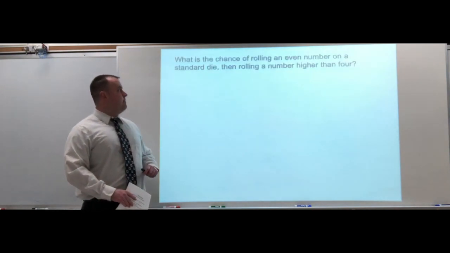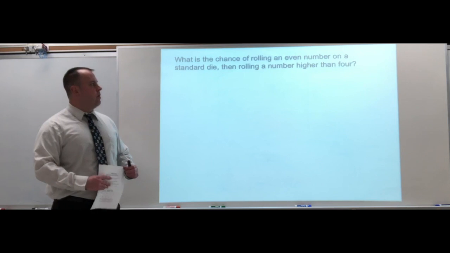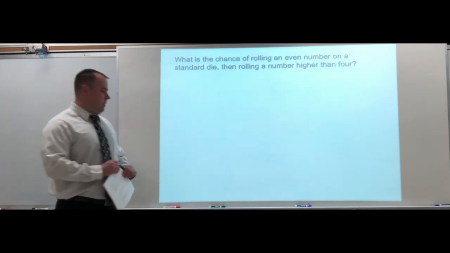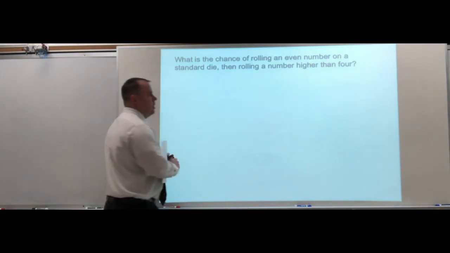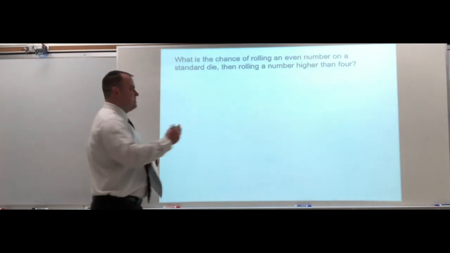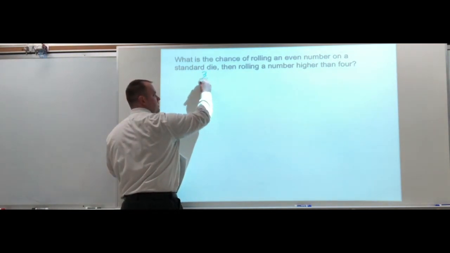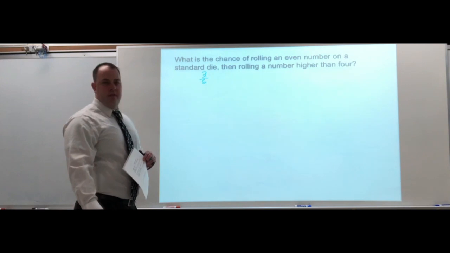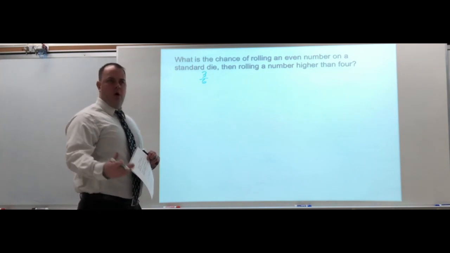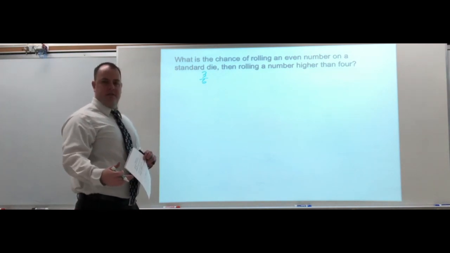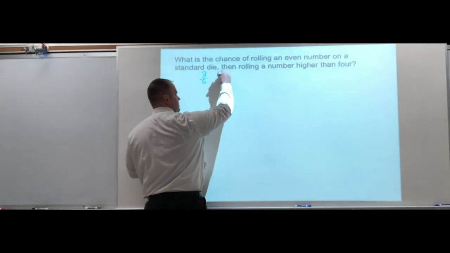What's the chance of rolling an even number on a standard die, then rolling a number higher than 4? Well, we have 2 events happening here. An even number on a die, that's 3 out of 6. And a number higher than 4, well, the numbers higher than 4 are 5 and 6, so that's 2 out of 6.